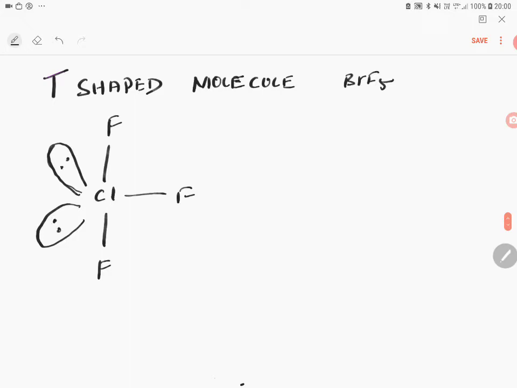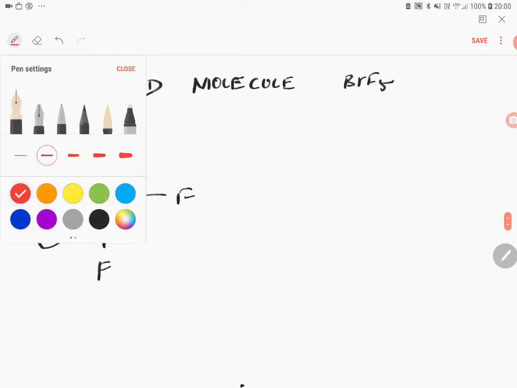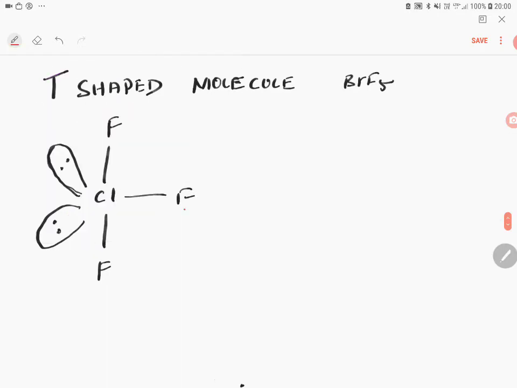So how do you account for trigonal bipyramidal? You'll see that. The dotted line is trigonal, and the bipyramidal is two fluorine atoms.